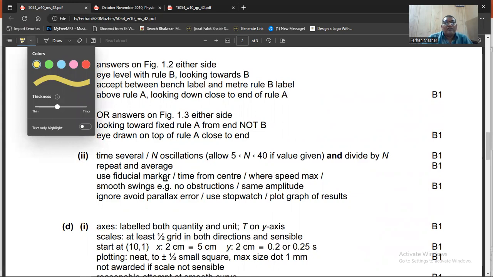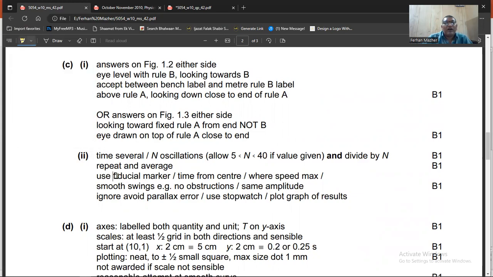The fiducial marker means the mark which you put on the bench. So remember this word and its spelling also: fiducial. A fiducial marker is the point or cross which you make on the bench to mark the position when both the meter rules are aligned with each other.